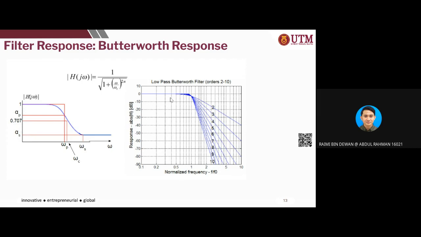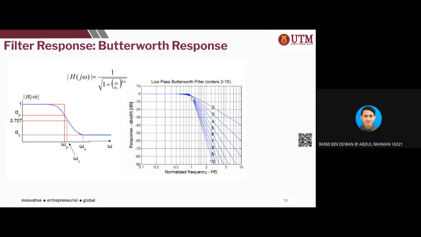Okay, so now we see the low pass Butterworth filter response. You can see the order of the filters, n equals 2 until n equals 10. The higher the order of the filter for the low pass Butterworth filter, the steeper the curve here.